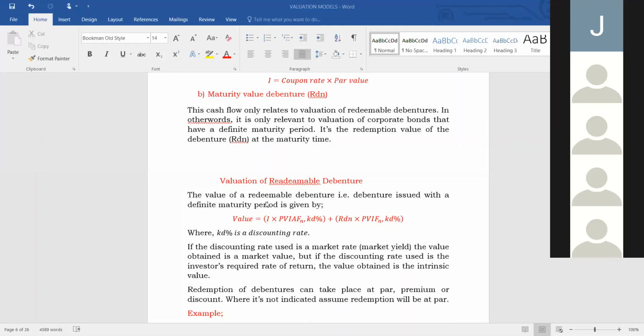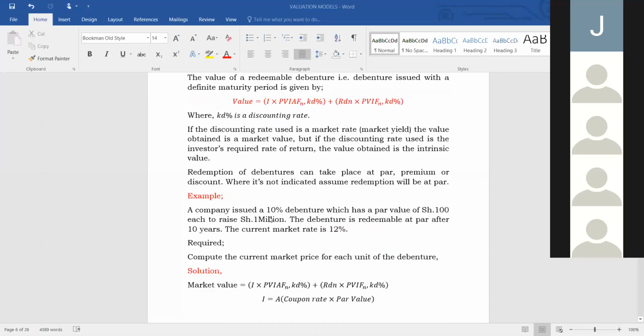So we can value a debenture based on discounting expected future cash flows. We treated interest as an annuity. The assumption here is that the interest every year is the same for a period which is known. So when we discount that, we should be able to find the value.